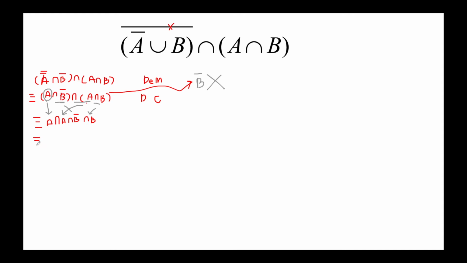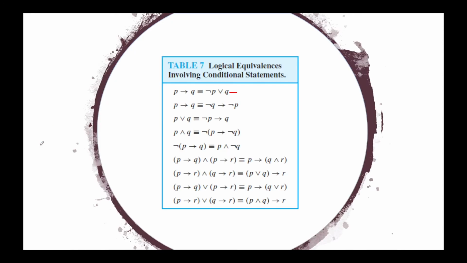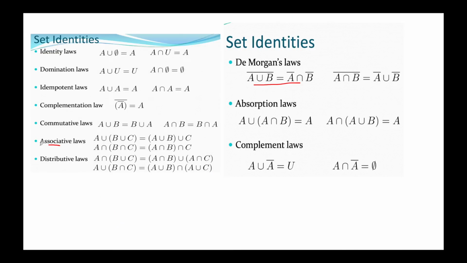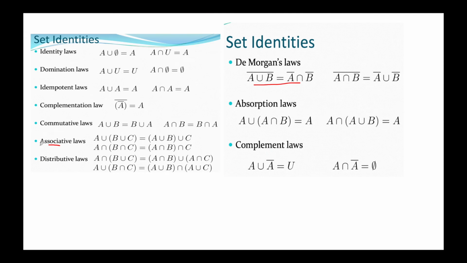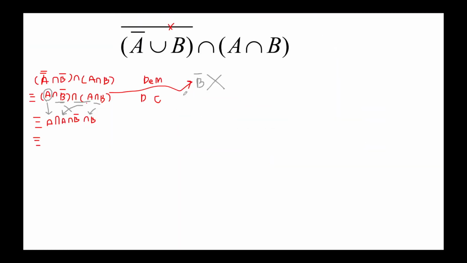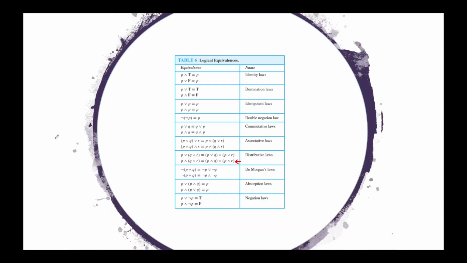And then by using this, A and A, so we see where is A and A. A and A is equal to A, which is just now the idempotent law.